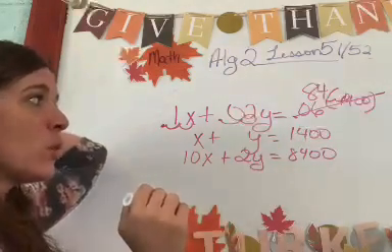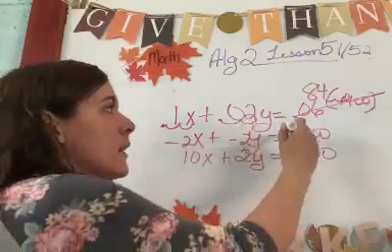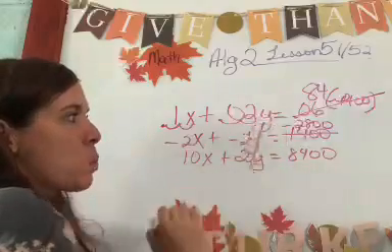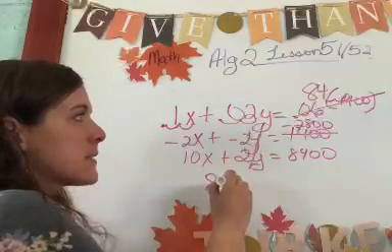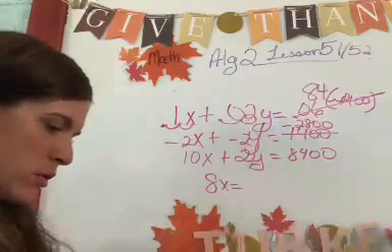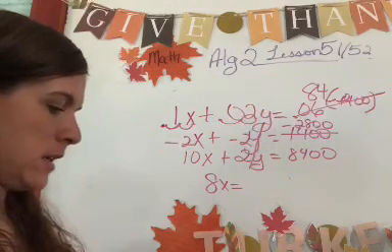Again, I'm going to do elimination. I'm going to do negative 2x, negative 2y, negative 2,800, so that I can eliminate my y's. And I get 8x equals 8,400 minus 2,800. To make sure I don't make a mistake, even though I feel like this one might not come out right, it's 5,600.